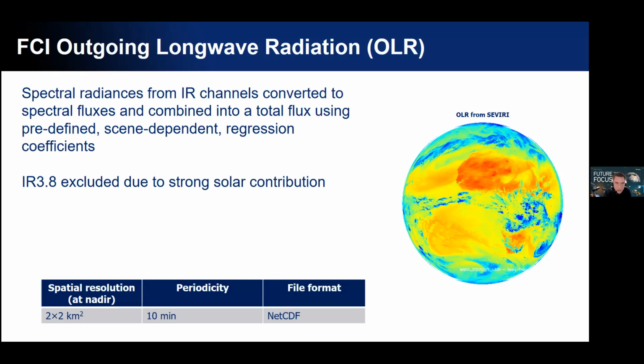Here we use the infrared channels, but we exclude the 3.8 channel because of the solar contribution. And here you have also one example of how it looks as seen from Seviri. This is also at the infrared resolution, so 2 by 2 kilometers. Comes every 10 minutes and in the format NetCDF.